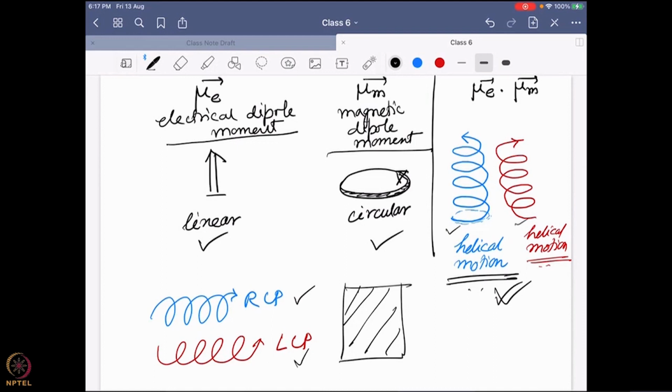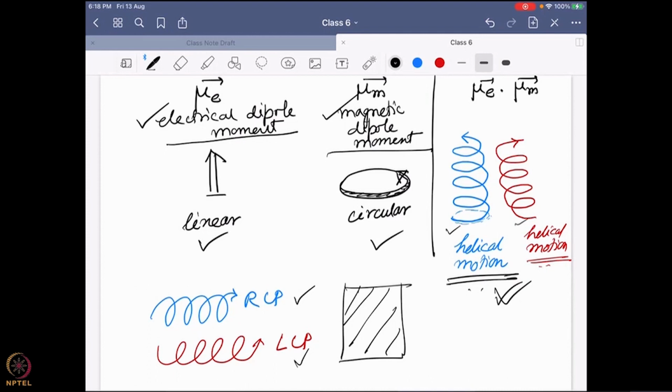Because in the molecule, the electronic distribution is such that it can be excited by both electrical and magnetic dipole moment. So if an absorbance, I'm talking about circular dichroism now, is both electrically and magnetically dipole moment allowed, only then that molecule will be optically active.